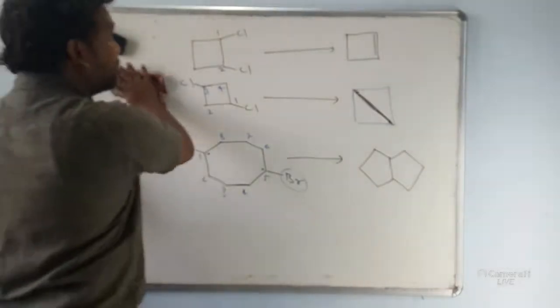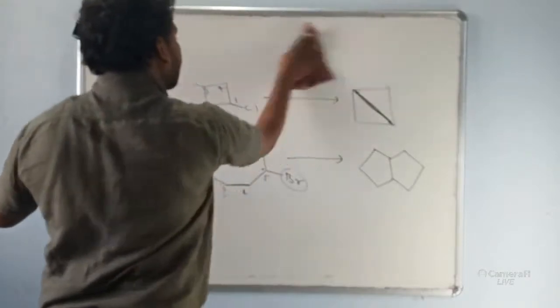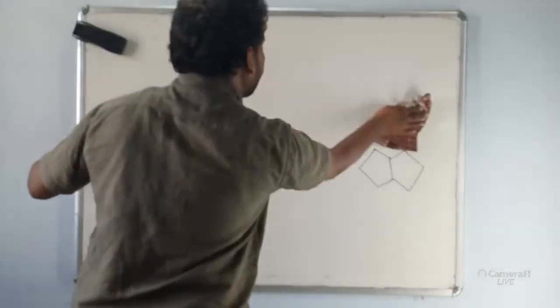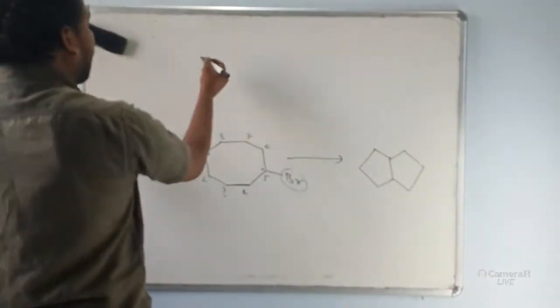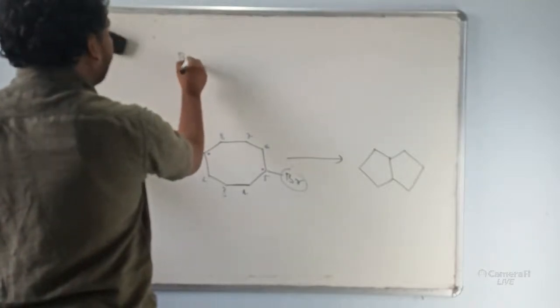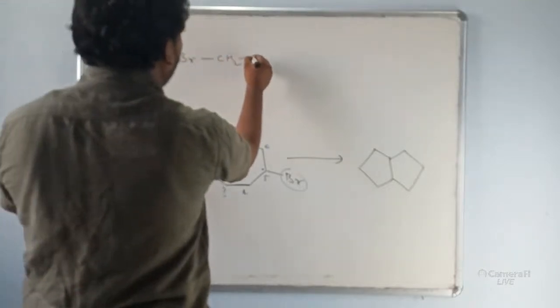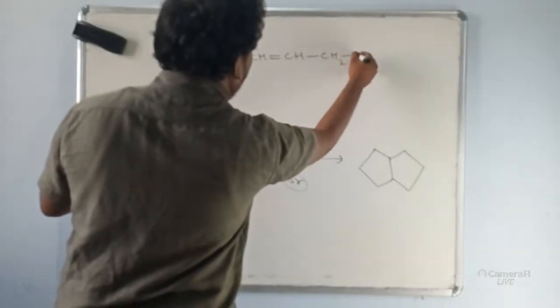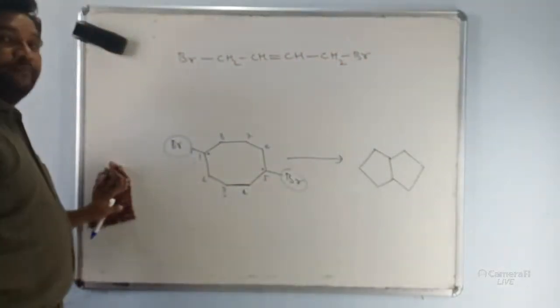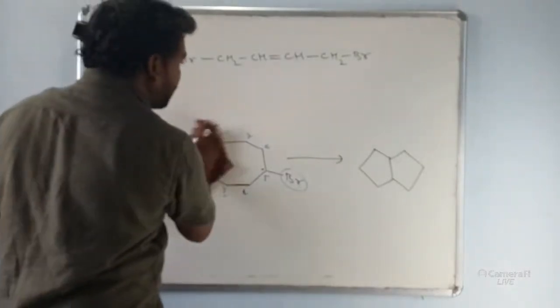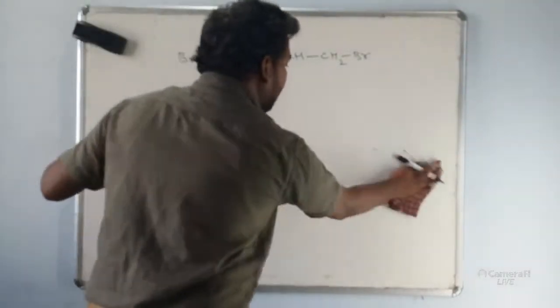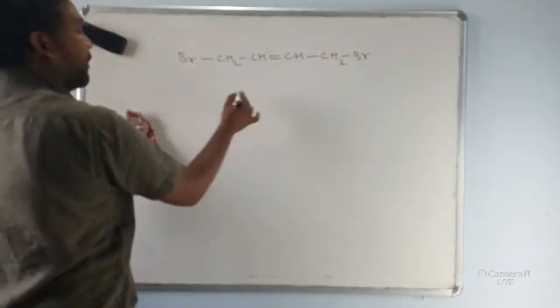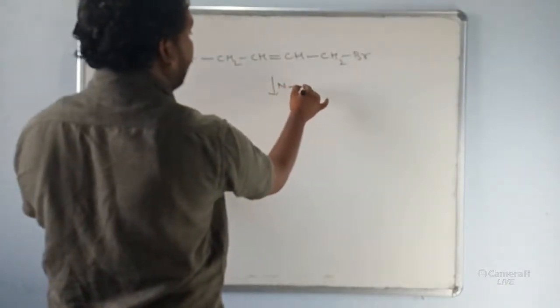And one more case is here. Suppose allyl bromides, an allyl dibromide. In this case, what happens when you add sodium in dry THF?